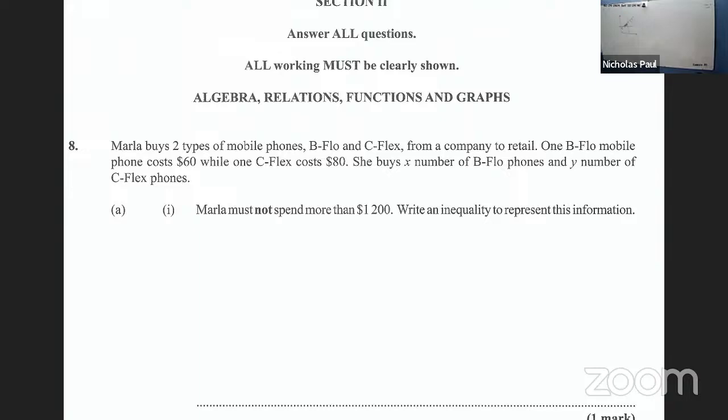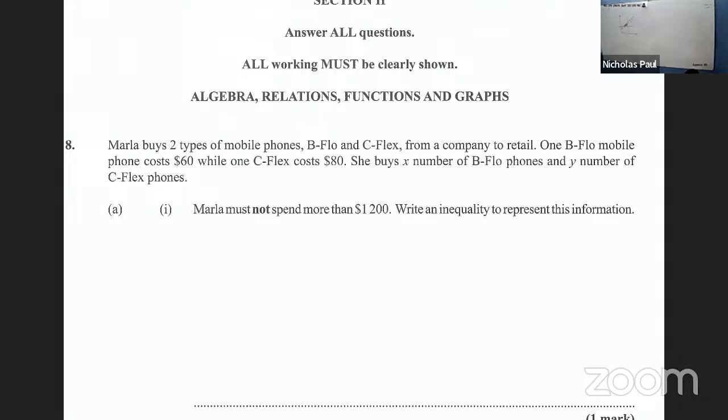So let's take a little read. Let's develop the inequalities and plug them in real fast. Let's see if we can do this full question out. Mala buys 2 types of phones, B-Flow and C-Flex, from a company to retail. One B-Flow mobile costs 60, one C-Flex costs 80.